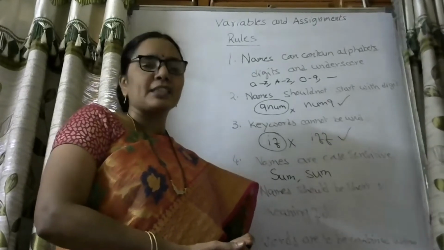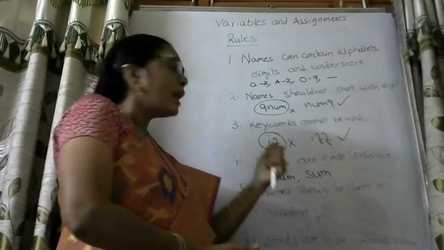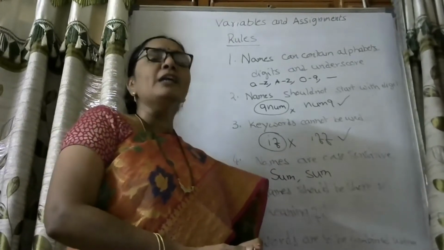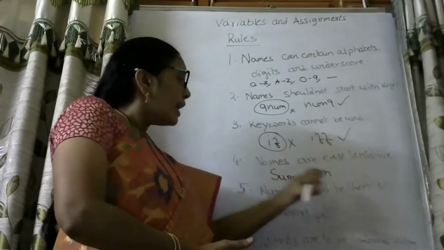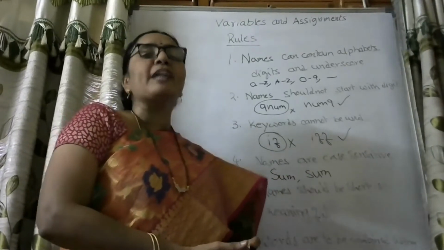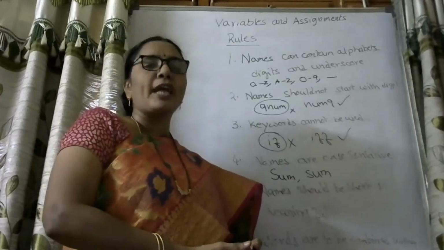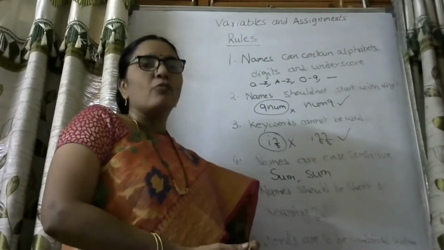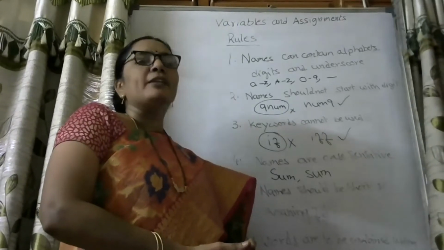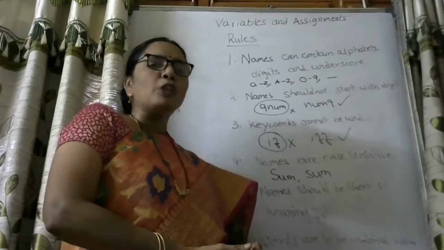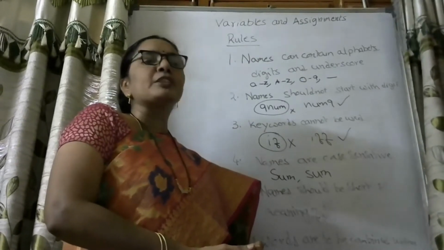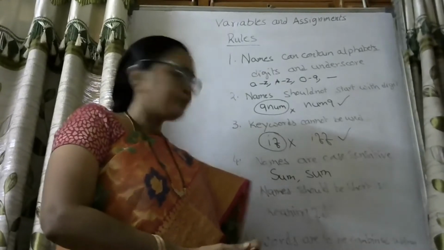The remaining characters are the same. Here in Python, capital S is treated differently when compared to the small s. So, here in Python, these two are treated as two different variable names. So, care is to be taken while using the alphabets. Most probably, we write the variable names in small case.